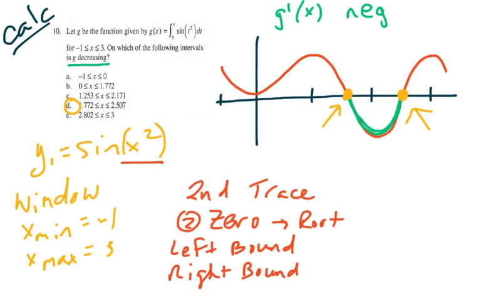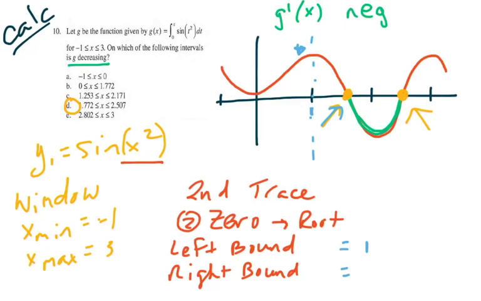So for this point on the left, I'm going to type into my left bound. You could either move your cursor or type in a value. I can see that 1 is definitely to the left of the point I'm looking for, so I'm going to type in 1. Sometimes you'll see a dashed line or a little arrow come up, showing the furthest to the left that the calculator is looking.